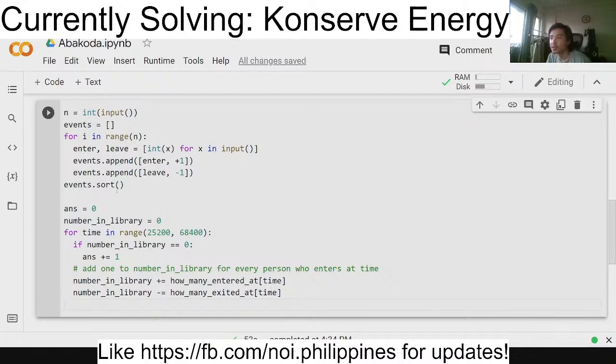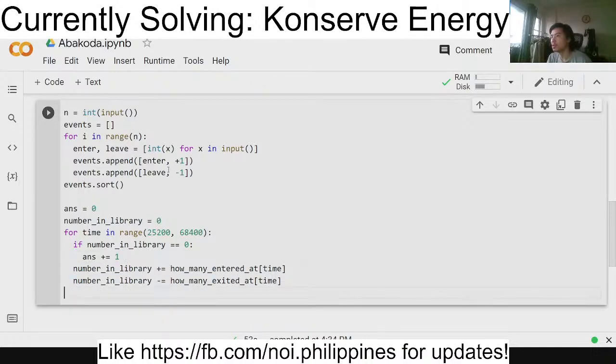Okay, so that means we somehow have to construct this: how many people entered at every time, how many people exited at every time, right? How do we do that?